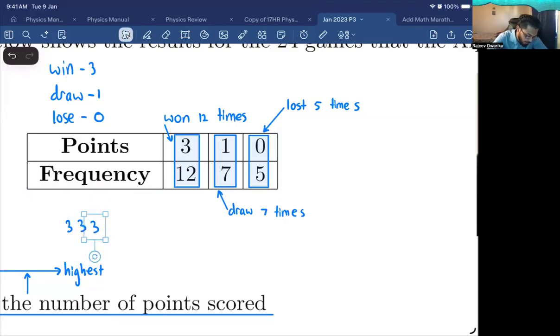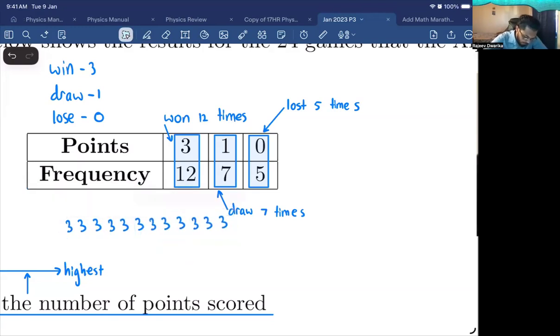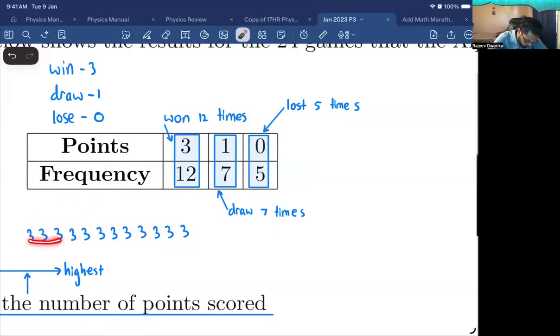I'm saying I will see 3 twelve times. I'm just laying out all the values right now. So you would see twelve 3s, right? Are they with me so far? Yes, sir.